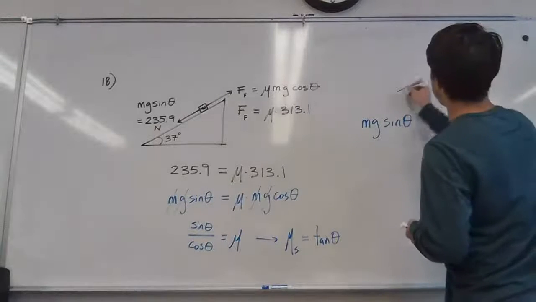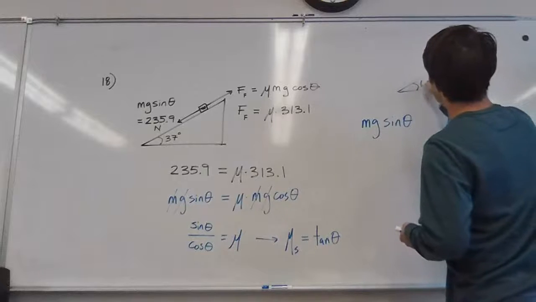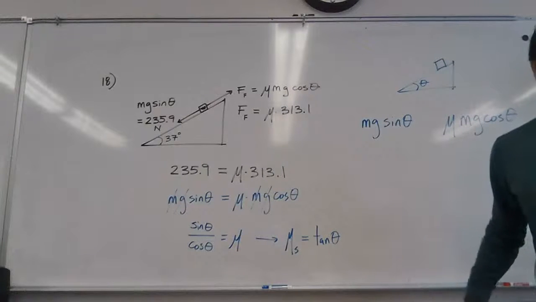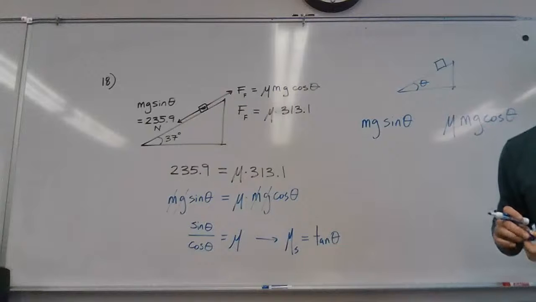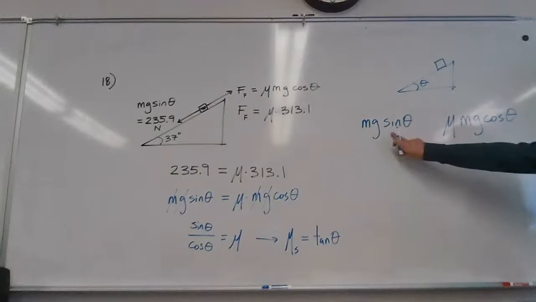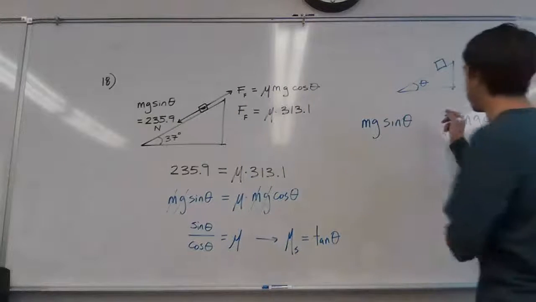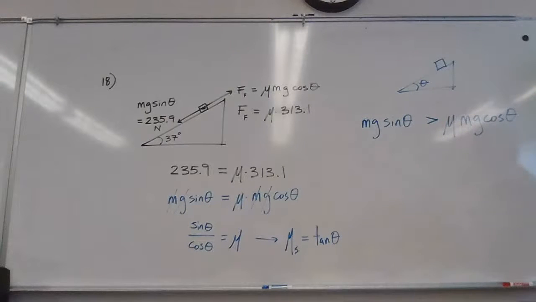If you've got a ramp and here's theta, this 19 says, what's the inequality describing the condition necessary for the block to slide down the ramp? So do I want this vector to be bigger than this vector? Yeah, so I need this vector to be greater than that vector.